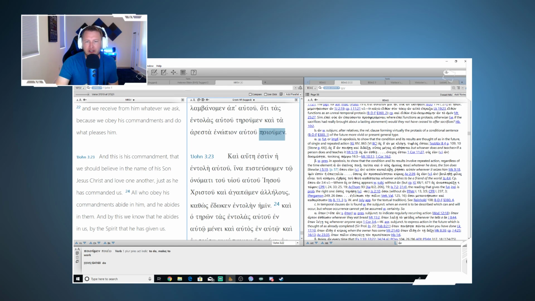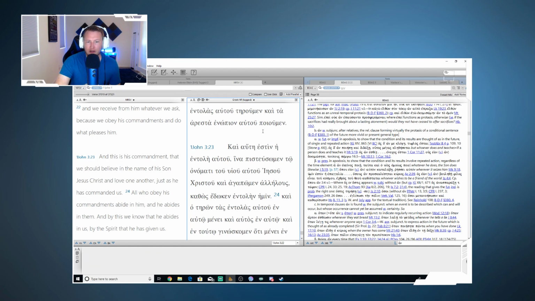Verse 23. Two verses away and we're done. Woo! Kai haute estin he entole autou, hina pisteusomen to onomati tou huiou autou Iesou Christou kai agapomen allelous, kathos edoken entolen hemin. And this is his commandment. That pisteusomen, that we might believe. That we might believe. This is not continuous. It's just believe. There's no continuous aspect to it.